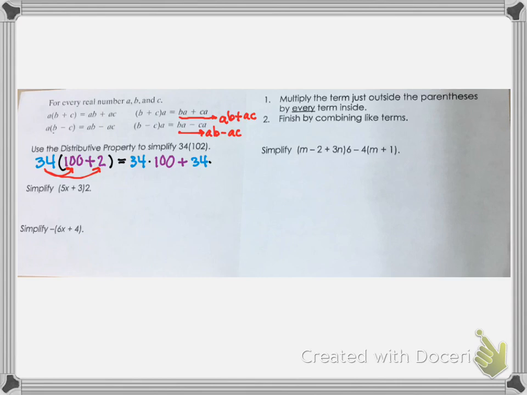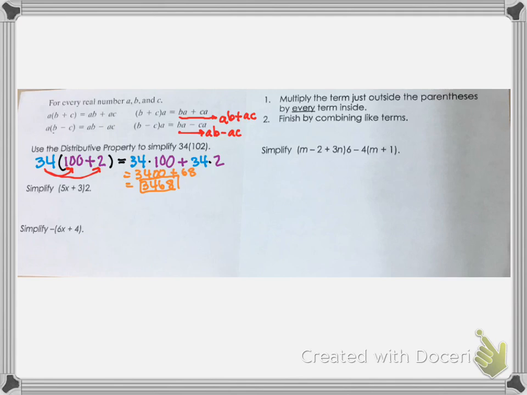That's kind of my deal. Okay, now I can do these 2 problems mentally, and we get 3,400 plus 68, and we add those together, and we get 3,468 as the final answer. Okay, so that's one way that we can use the distributive property.